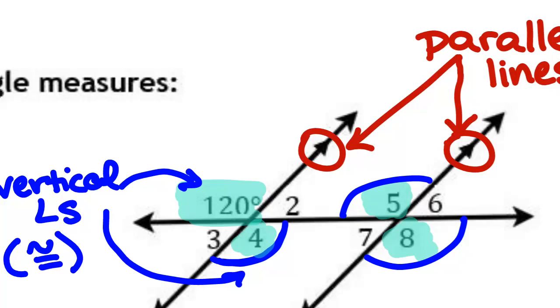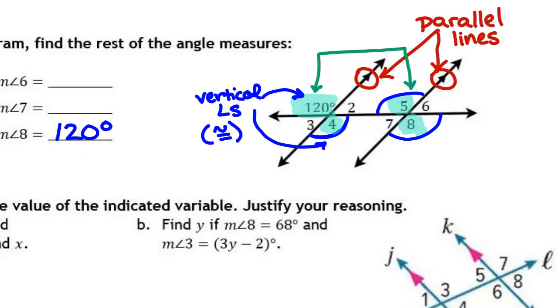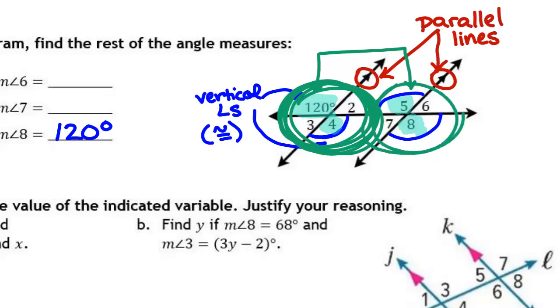This 120-degree angle and angle 5, does anybody remember what we call that special angle pair? When I look over here, the 120 degrees I notice is in the upper left corner. And when I look at this intersection, angle 5 is also in the upper left corner.